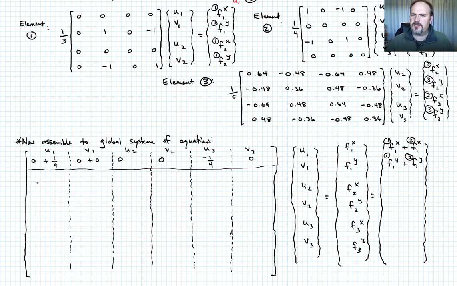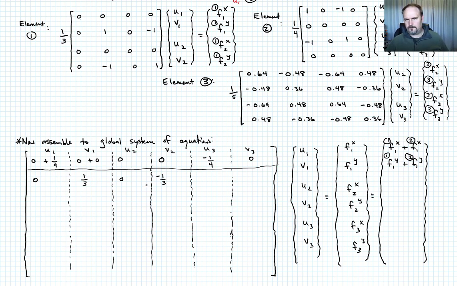The second row now has the components U1, V1, U2, V2, and that first term is 0, so we have 0 here again. The second term is 1 times 1/3, so this becomes 1/3. The next term is 0, and the next term is negative 1 times 1/3, so negative 1/3.